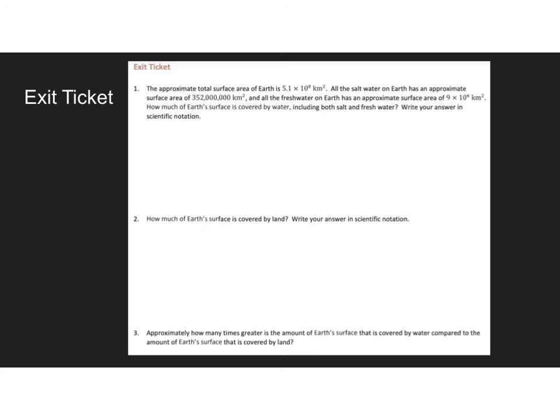All right, here is your lesson exit ticket. Number 1, the approximate total surface area of Earth is 5.1 times 10 to the 8th. All the salt water on Earth has an approximate surface area of this big number here. And all the fresh water, that. How much of Earth's surface is covered by water, including both salt and fresh water? So essentially, here's what you're doing.